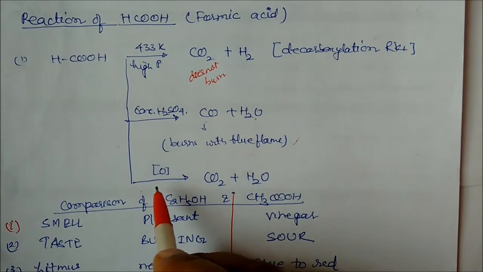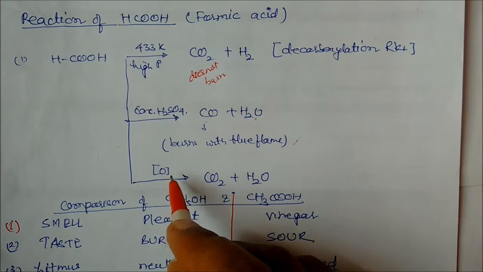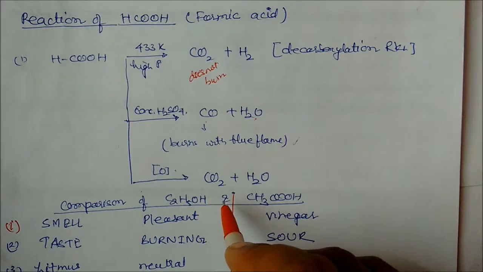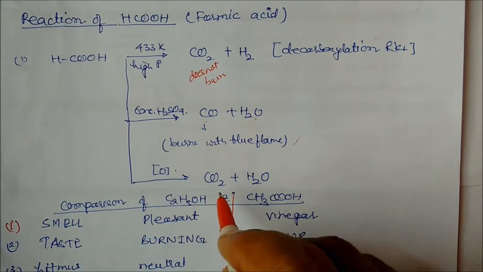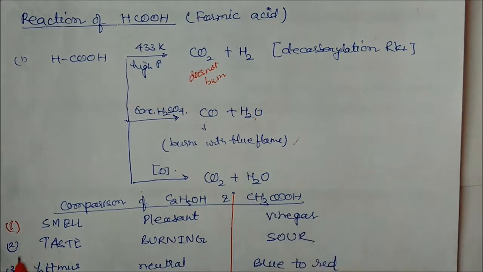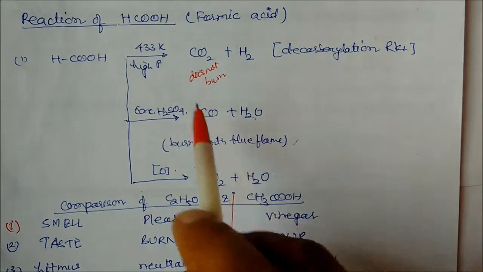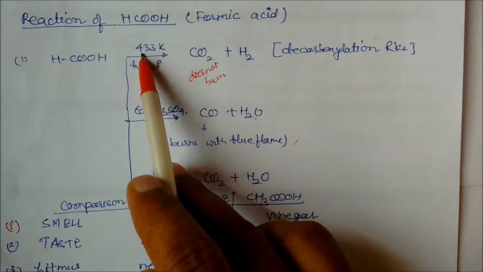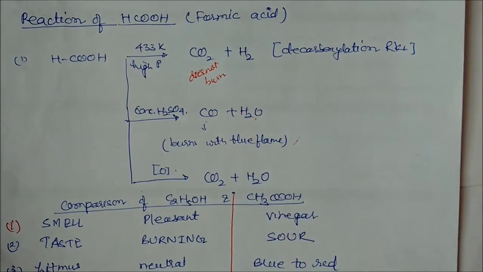And if you give formic acid oxidation with the help of an oxidizing agent, it will convert to CO2 plus water. Any hydrocarbon, if you give oxidation, gives the final product CO2 plus water. So just learn this reaction. With concentrated H2SO4, water is released, but at 433 Kelvin you will get CO2 plus hydrogen gas.